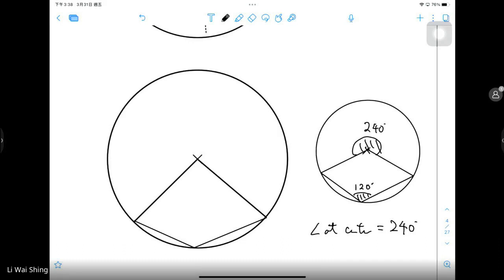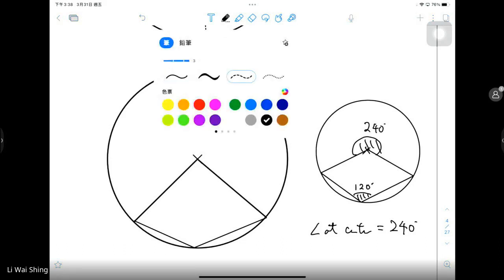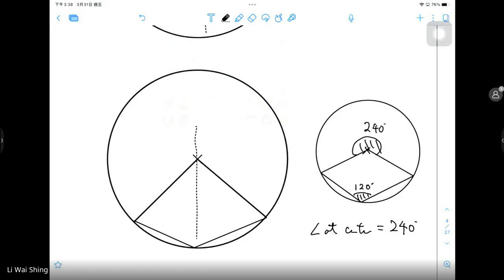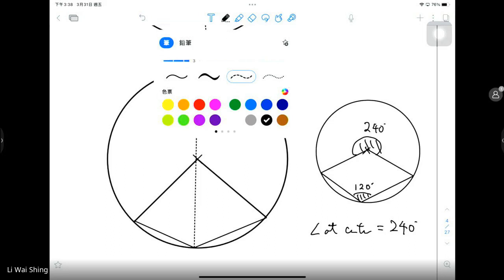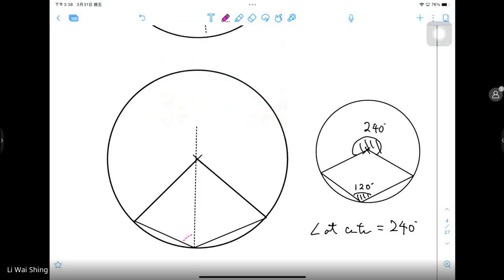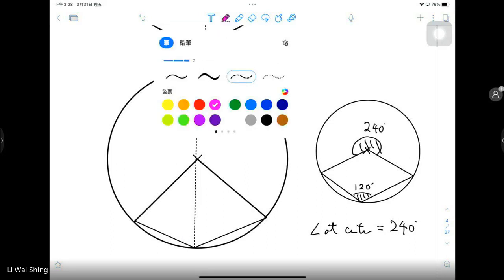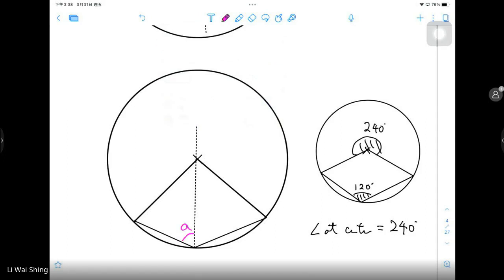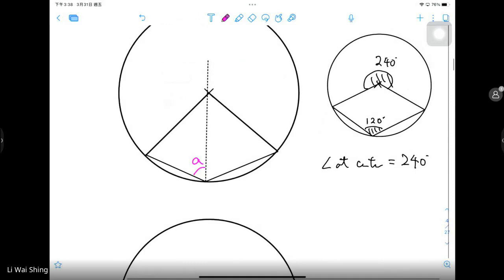Why does it hold like this? You can prove it using the same logic. Name this as A. If this angle equals A, is there any more angle equal to A? Any radius? Yeah, there is a pair of radii, so this is equal to A also.